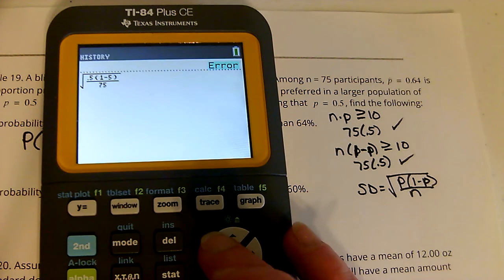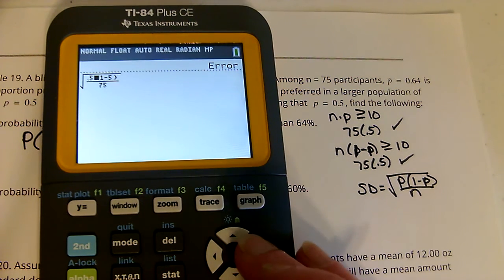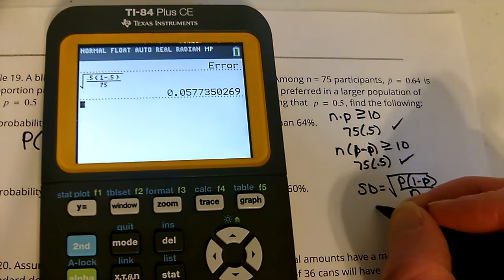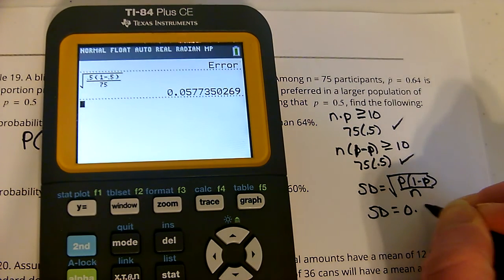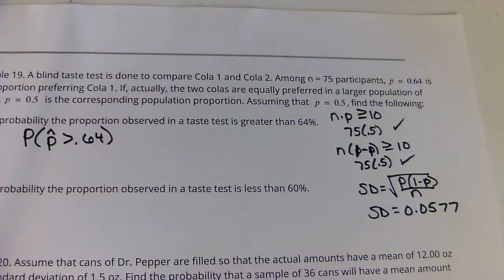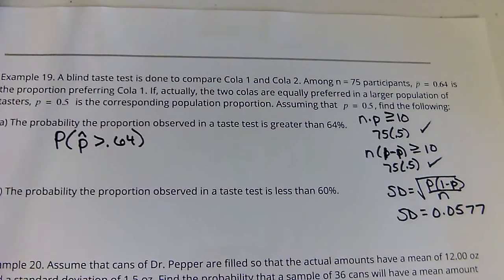Oh, I know why it said error, huh? I forgot to put 0.5 here. It makes a big difference. So I get standard deviation of 0.0577. So that's the standard deviation of my samples.